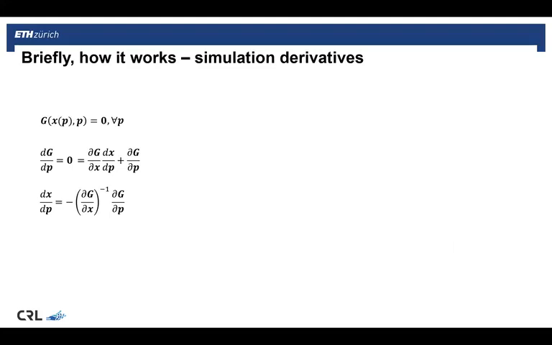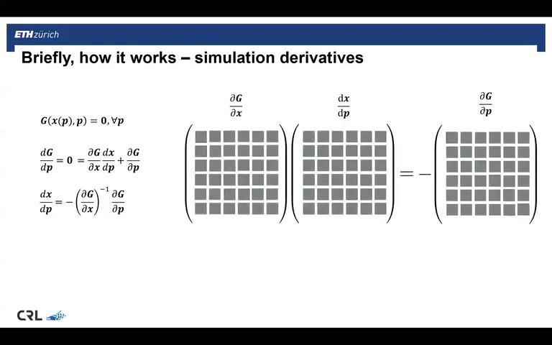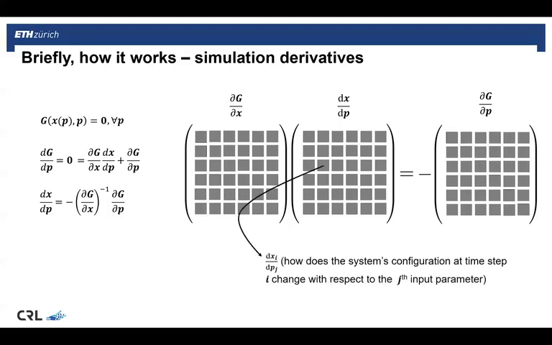Now, when dealing with these types of equations, I find it convenient to also look at them in matrix form, because this, I find, allows us to get a very intuitive understanding of what these different terms actually mean. For example, we can look at the individual blocks in the Jacobian dx/dp, and each one of them will tell us how the configuration of the system at a particular moment in time will change with respect to the jth input parameter.